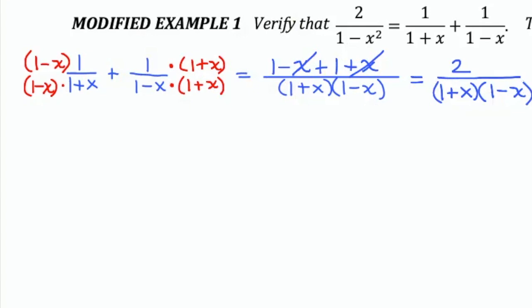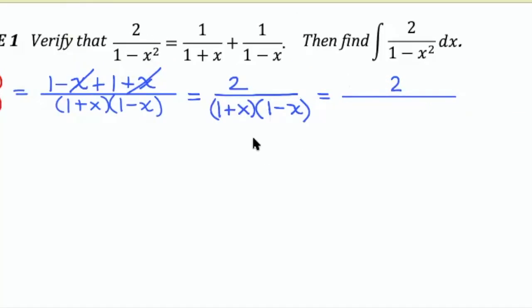So I'm going to multiply those out using FOIL, distributive property, however you want to think about it. I'm going to do 1 times 1, 1 times minus x, then x times 1, and then x times a negative x, which gives me a negative x squared.